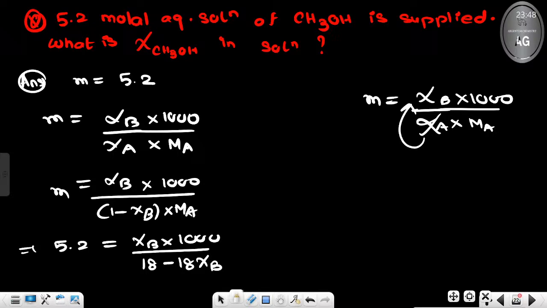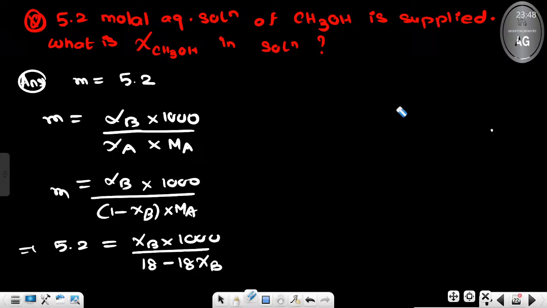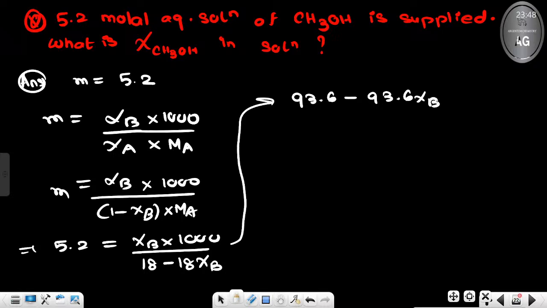Okay, I'm erasing this part. Continuing the calculation. So 5.2 multiplied with 18 is 93.6. So it is 93.6 minus 93.6 psi b equal to 1000 psi b, right?